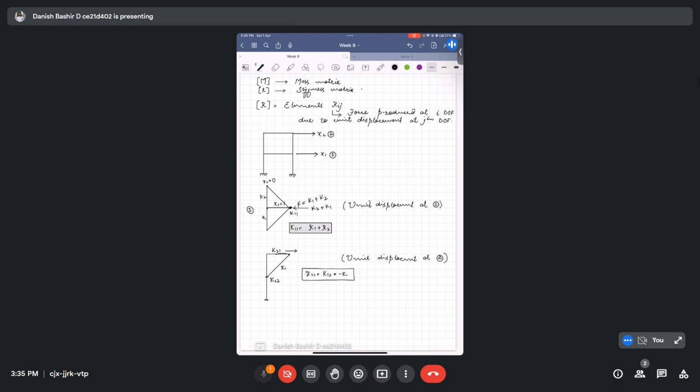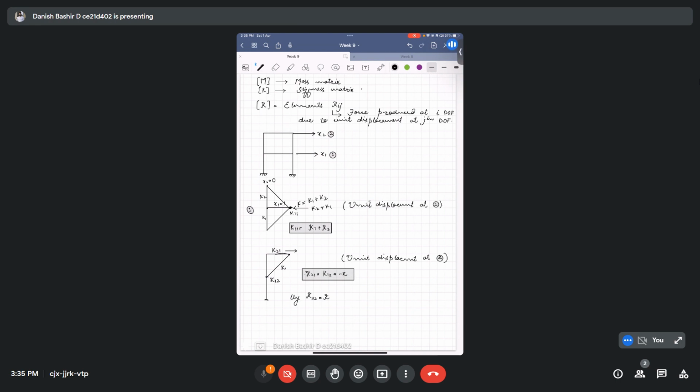Similarly, if we proceed in the same manner to find K22, we give unit displacement at 2 and find the force produced at 2. It will be positive K2. So similarly, you can find K22 is equal to K2.